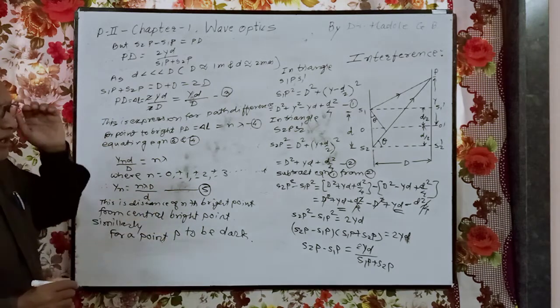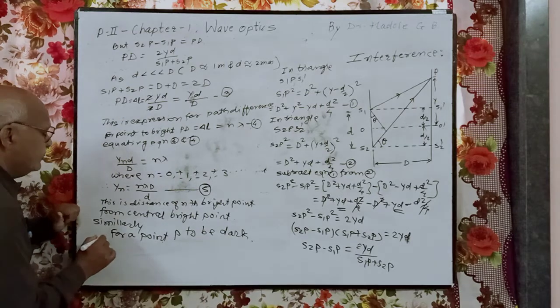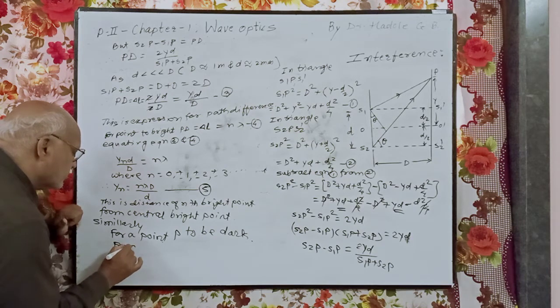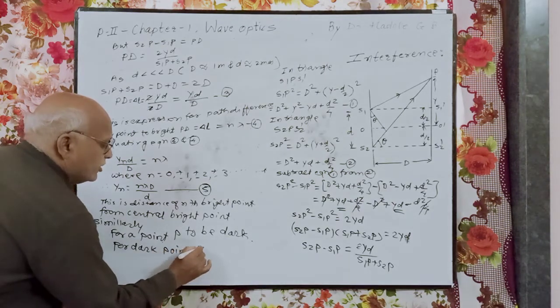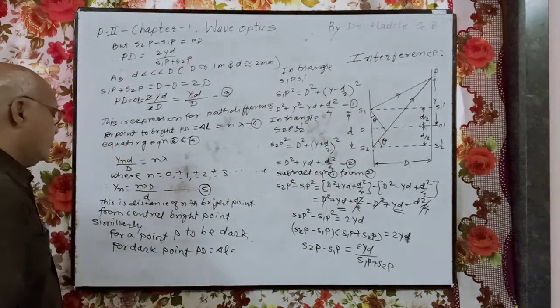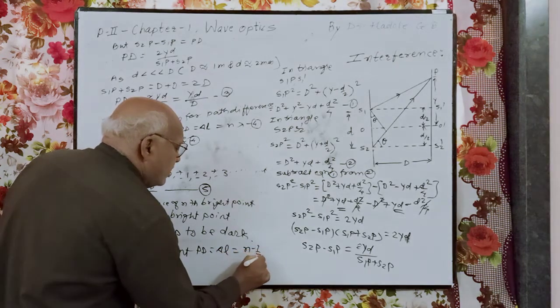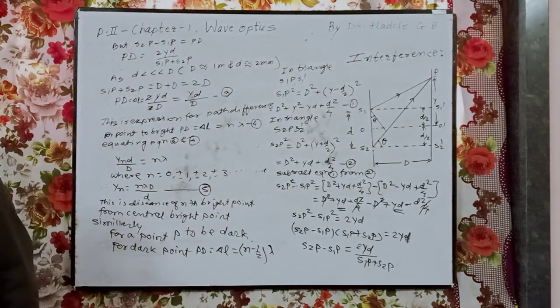Next, if this point P is a dark point, what is that point? Let us see. Therefore, the path difference delta L for a dark point is equal to n minus half into lambda upon 2, n minus half into lambda.